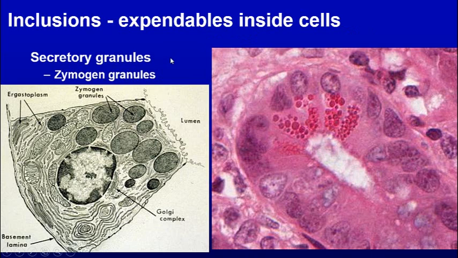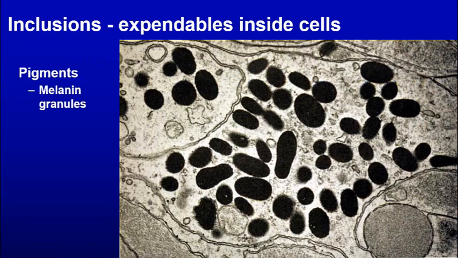Another type is secretory granules. And here we can see secretory granules, and you can see the secretions here of the goblet cells, and this is like a pancreatic acinar cell's secretions. So these secretory granules are inclusions. Need not be there for the cell to live, but it is important for the cell function.